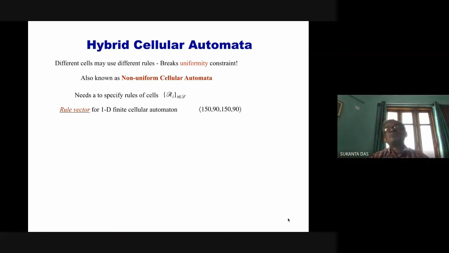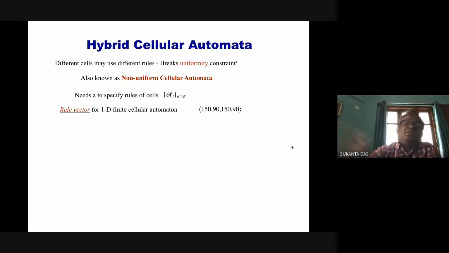If I add them, I get a rule sequence, popularly named a rule vector, for a one-dimensional CA. Although hybrid or non-uniform cellular automata are defined for any dimension, almost all works concentrate on the one-dimensional case. So when you talk about hybrid CA, we generally specify a rule vector. If I specify a rule vector, it means we are using hybrid cellular automata.